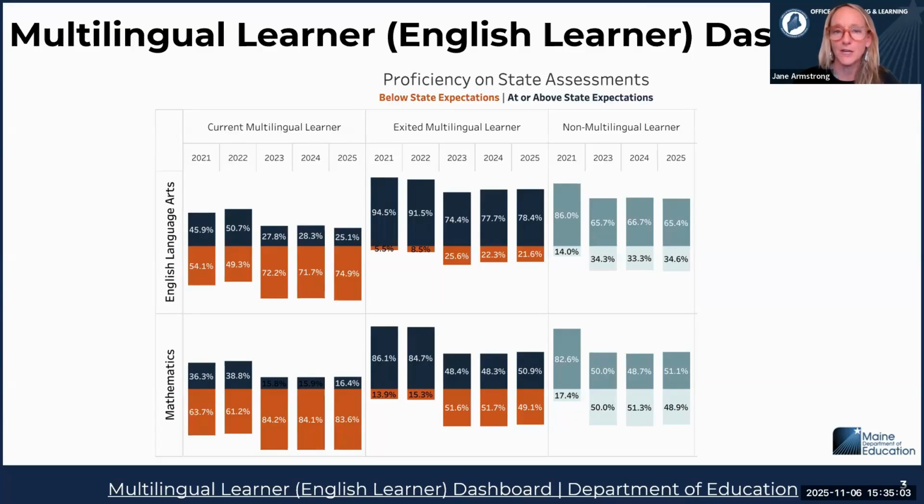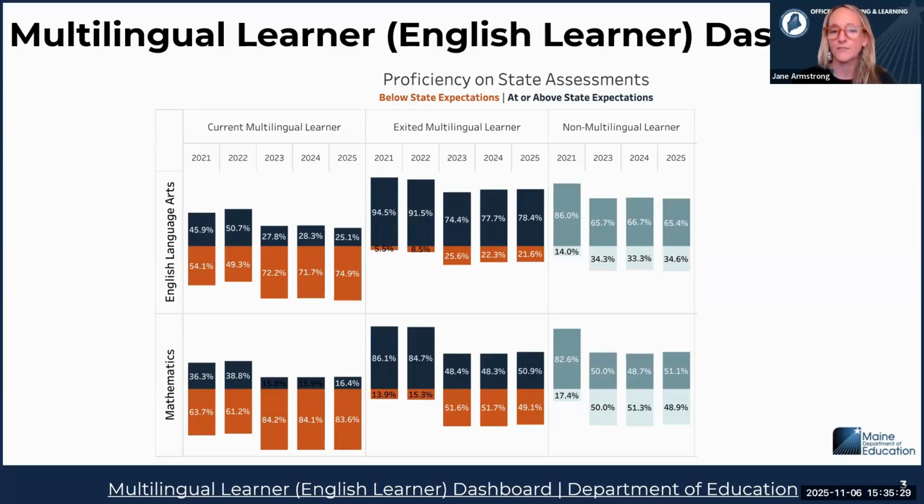And as you can see here, right now our ELA and math scores are here that you can see on the far left side of the frame. And really what's notable is the columns, the data for current multilingual learners, the center column of exited multilingual learners, as well as our non or never multilingual learners.